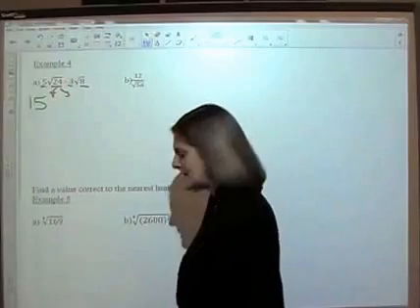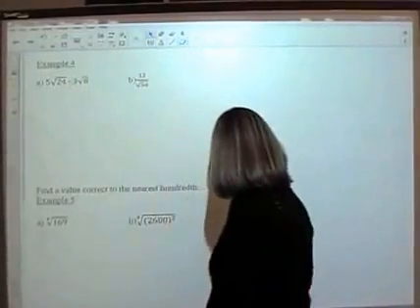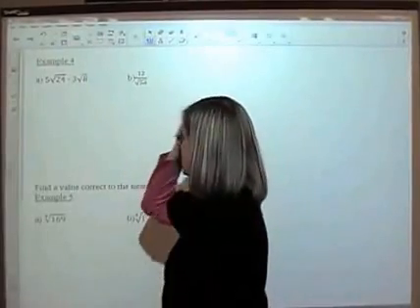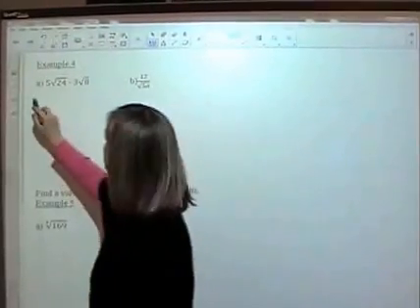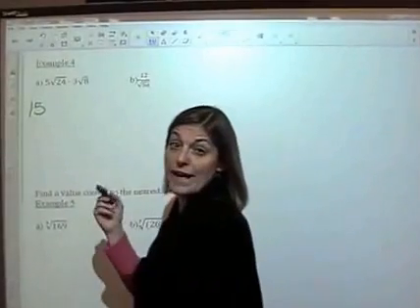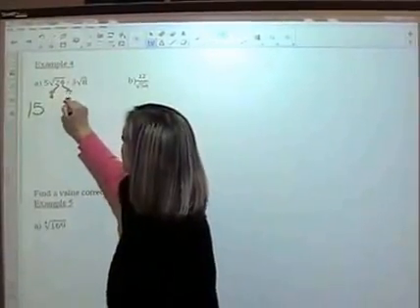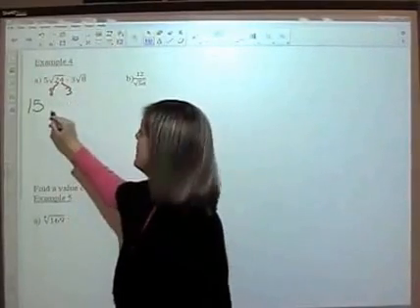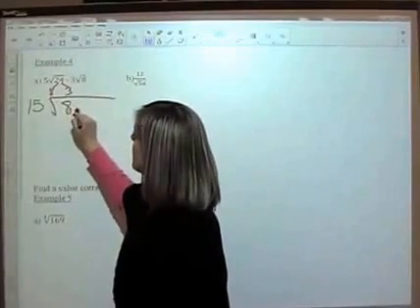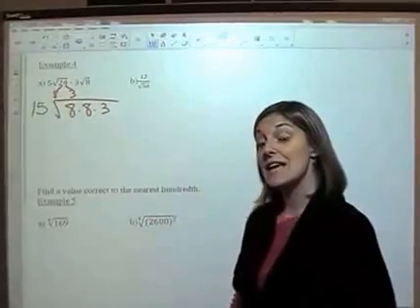I don't know how well you can see that. So let's try this again. All right, so we've got 5 times the 3. And we're going to break that 24 down into 8 and 3. Because then when we multiply, inside the radical, we have 8 times 8 times 3.